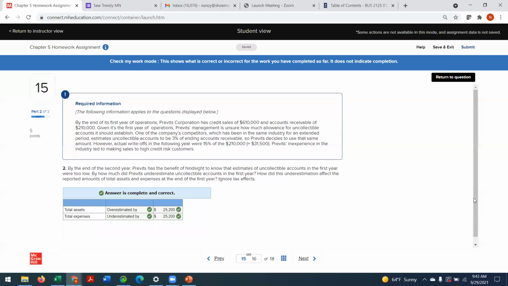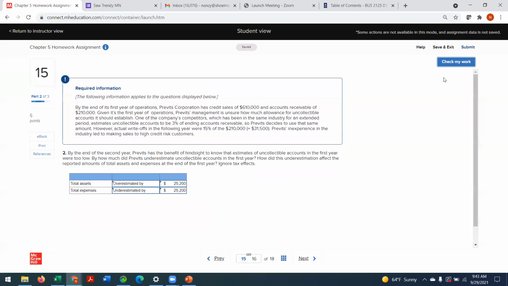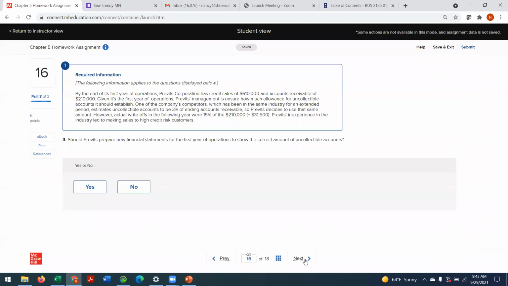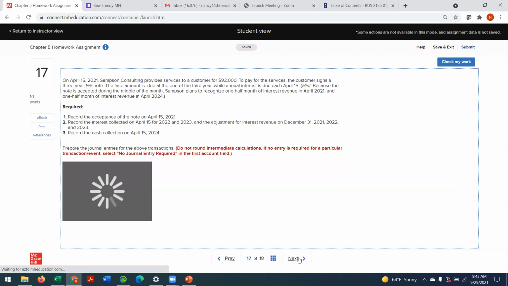How am I coming up with that figure? I'm coming up with it because we only took 3%, when in fact 15% was the actual bad debt. So our assets were overestimated in the first year, and our expenses should have shown more bad debt expense than what they did. Okay.